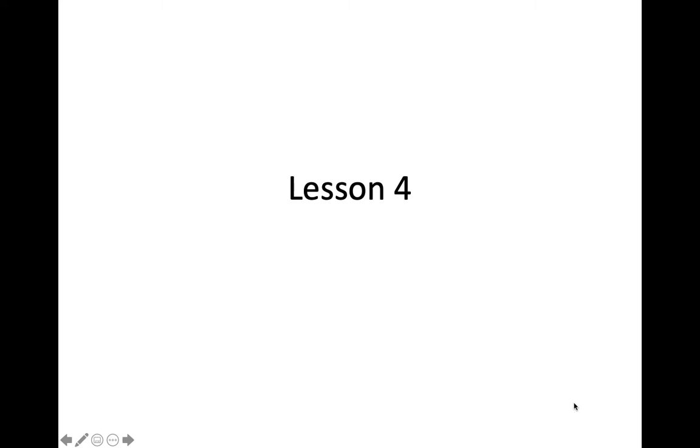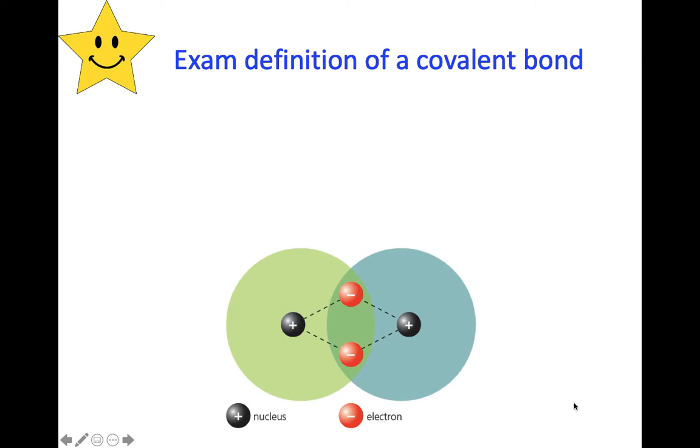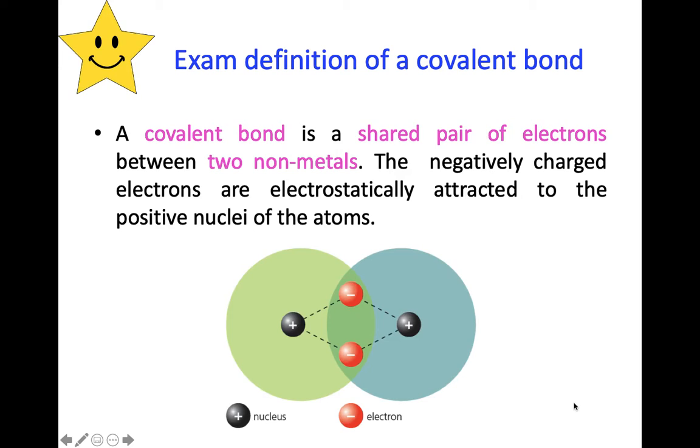Before we start on the main focus of our lesson, I would first like to go over some of the things we have covered so far. So, covalent bonds are a shared pair of electrons between two non-metal atoms. Our negatively charged electrons, shown in red, are electrostatically attracted to the positive nuclei of atoms. That electrostatic word just means the attraction between something that is positively charged and something that is negatively charged.